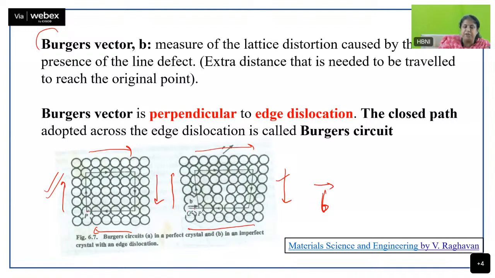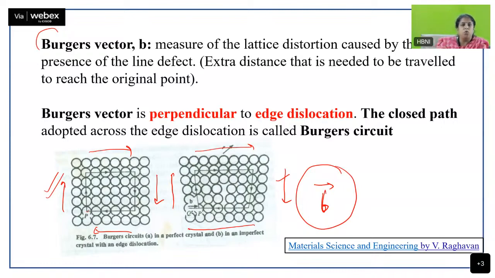Now, this direction of b and the magnitude of b give you the quantification of the Burgers vector. I hope it is clear. The magnitude of b is the magnitude of the edge dislocation. The direction of b is the direction of the edge dislocation.